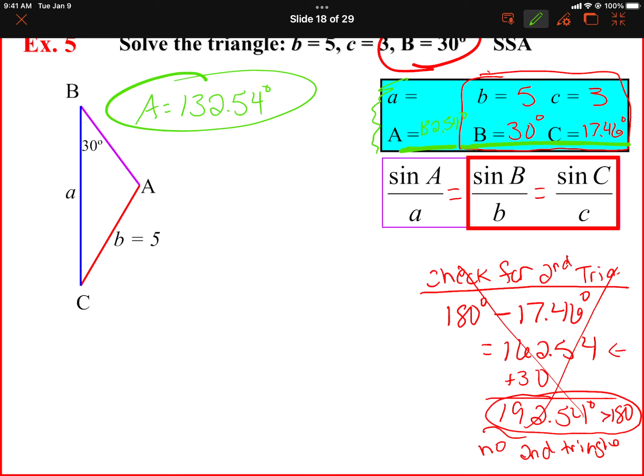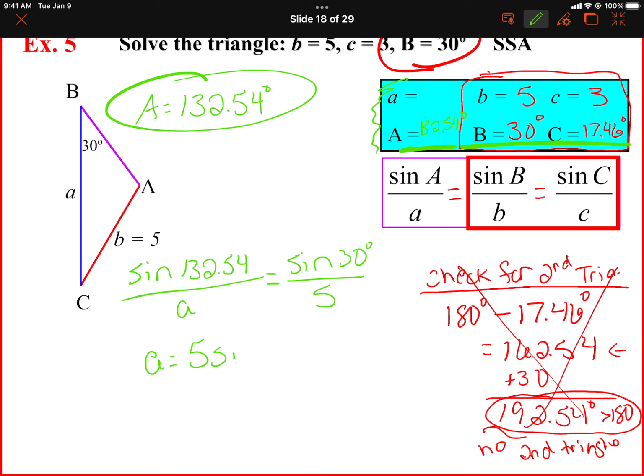Now we can use our law of sines. So I know that sine of 132.54 over little a, because I don't know it, equals sine of 30 over 5, and solve. So a equals 5 sine of 132.54 divided by sine of 30.